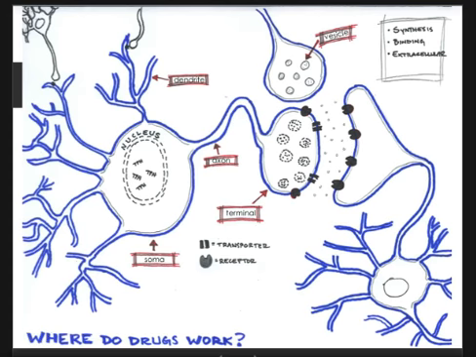Well, when a particular receptor is being overworked, let's say you're taking a lot of a beta agonist, and that's going to elevate your heart rate.